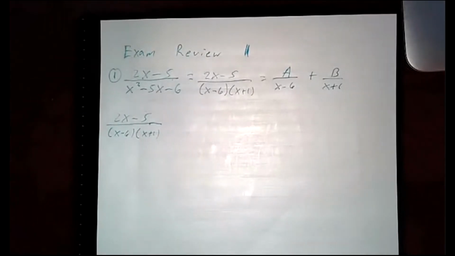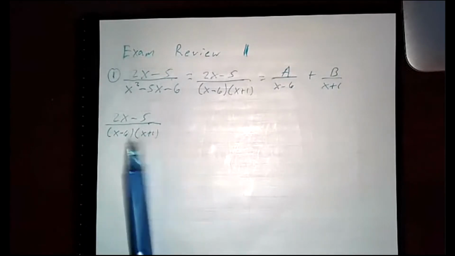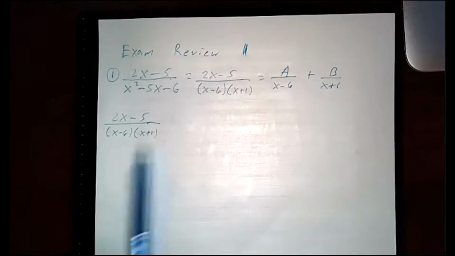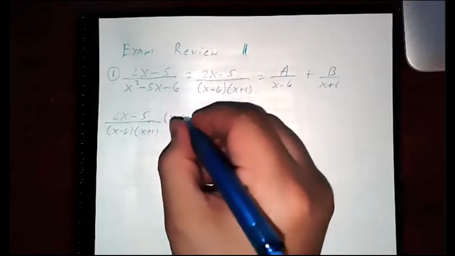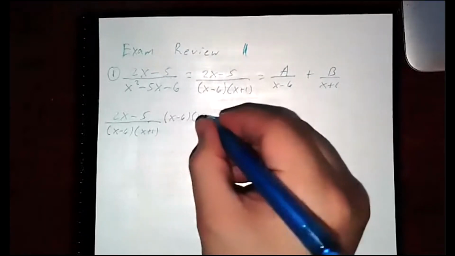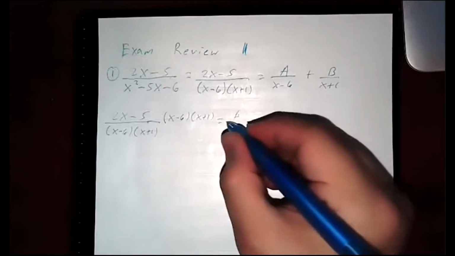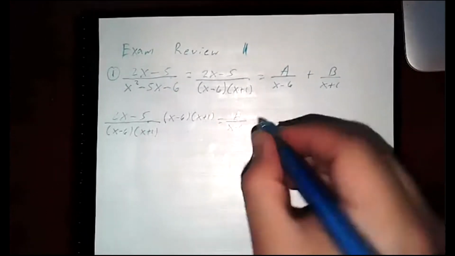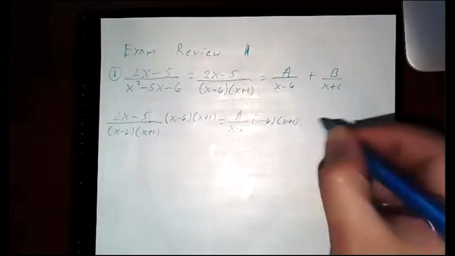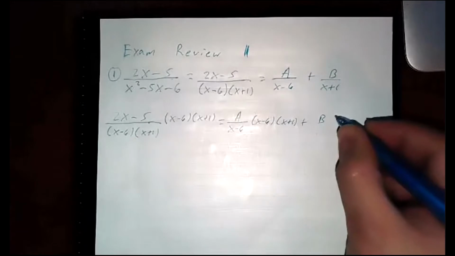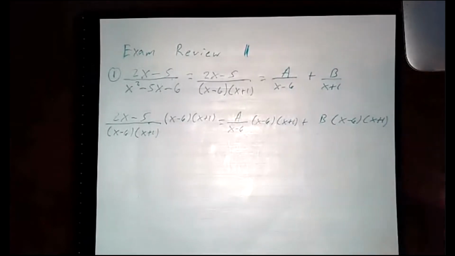Okay. And we said that we're going to multiply for these questions to cancel all the fractions. You multiply by whatever is on the left-hand side, right? So this will be multiplied by x minus 6, x plus 1, and then so will each of these pieces. x minus 6 times x plus 1, and then the B, x minus 6, x plus 1.